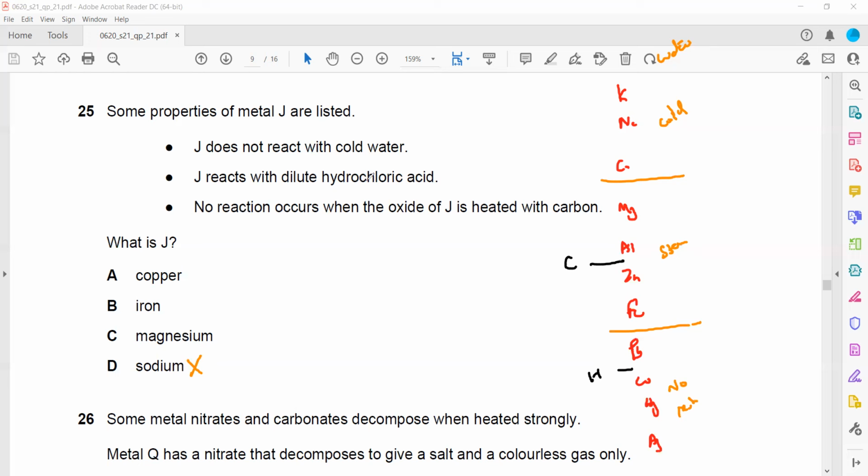The second clue: reacts with dilute acids. So, reaction with acid: till lead, sorry, till this point.